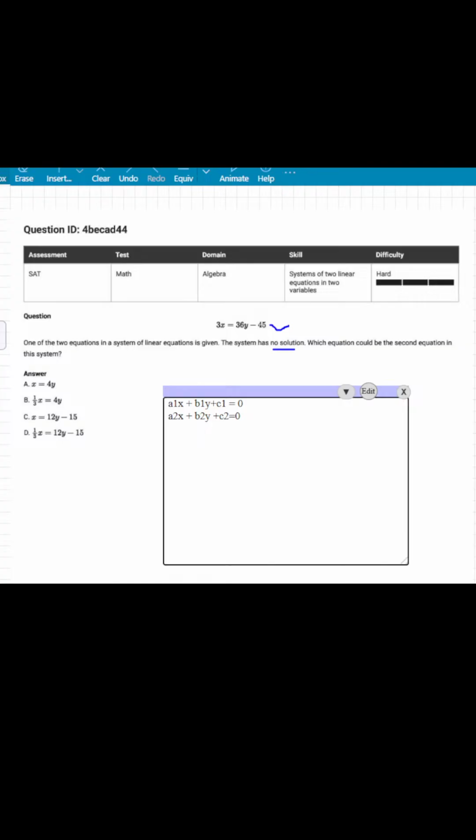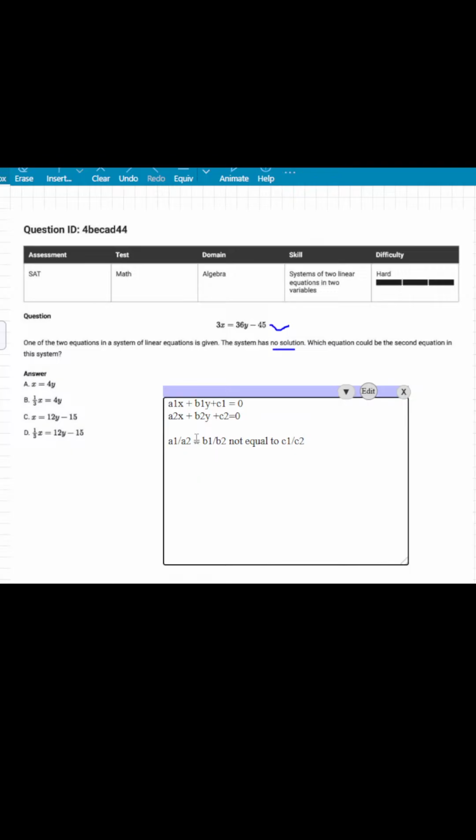So the mathematical condition is that the ratio of the coefficients should be equal for x and y, so a1 by a2 is equal to b1 divided by b2, but that is not equal to c1 by c2.